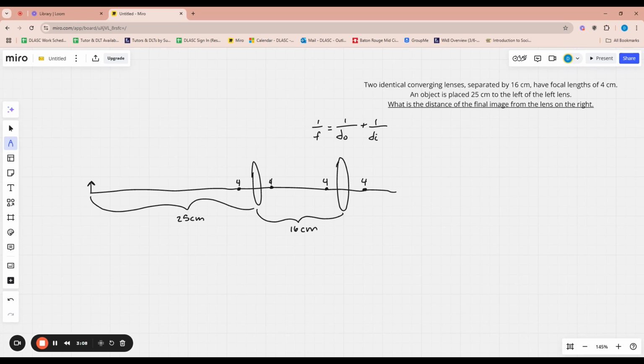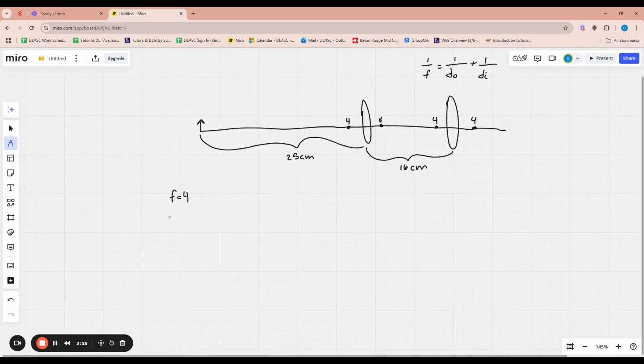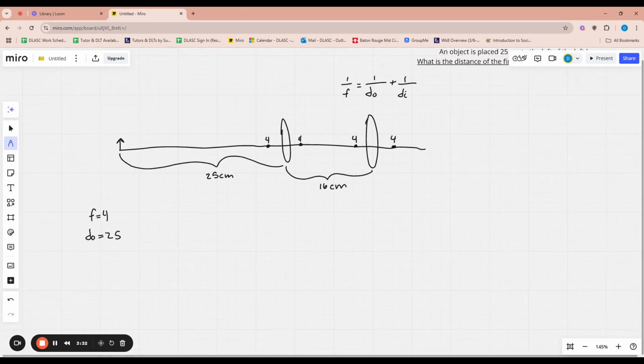So we know our focal length is 4, so f equals 4. And the object is placed 25 centimeters to the left of the left lens. So our object distance from the left lens is 25. So d_o equals 25. And we don't have d_i at the moment. So that's what we're going to solve for.